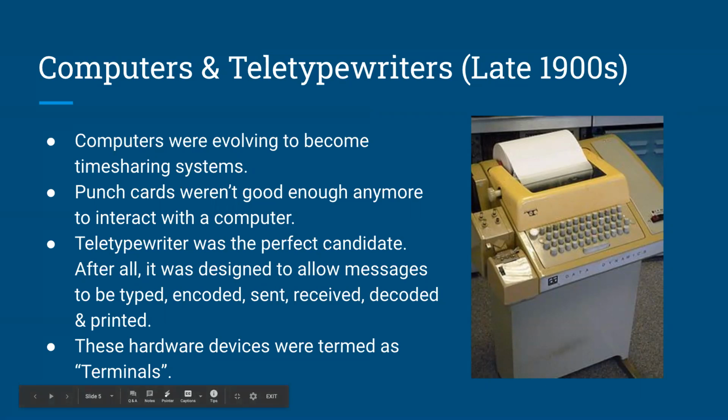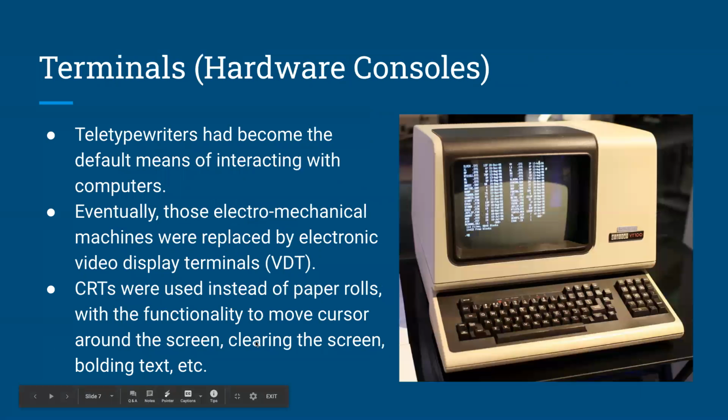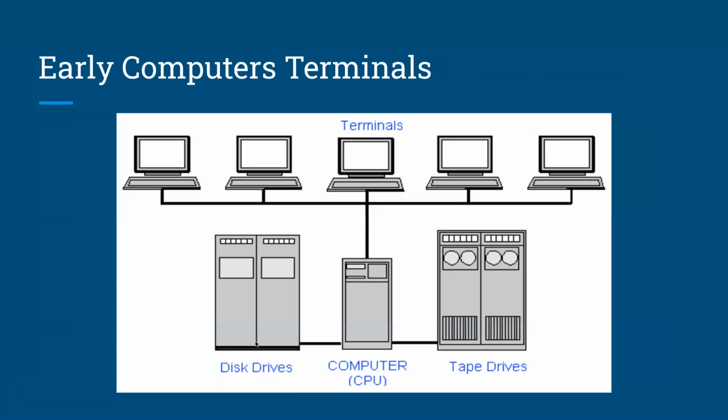If you're wondering how exactly the computers were back then, the block diagram of it would look something like this. These were large organizations like schools and companies like Bell Labs. They were able to afford these huge computers.